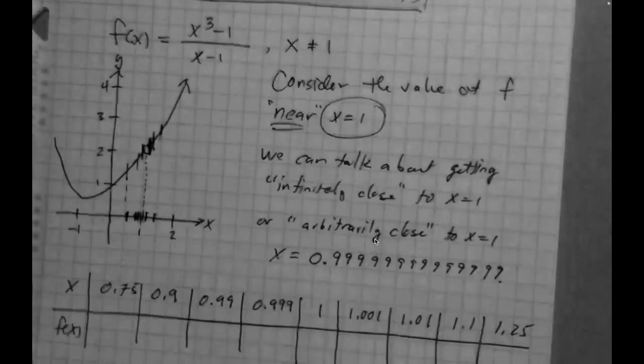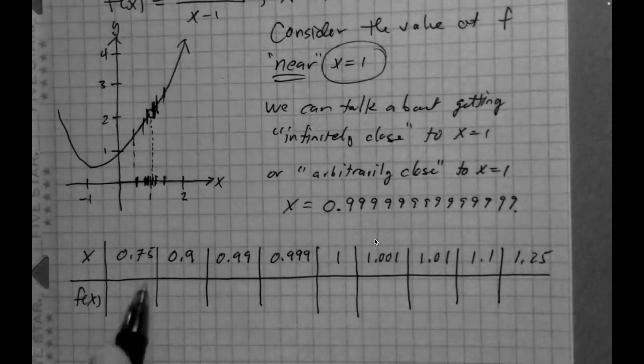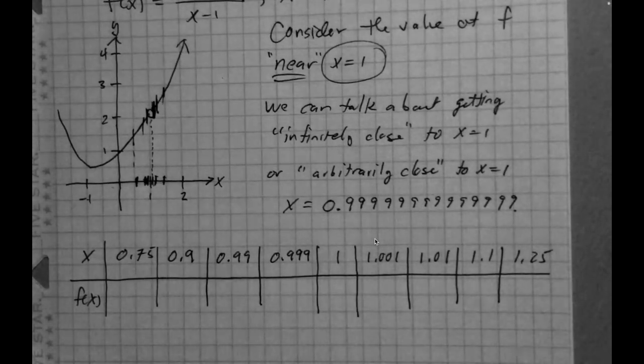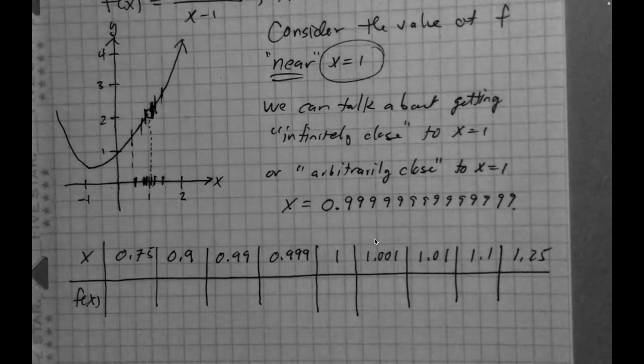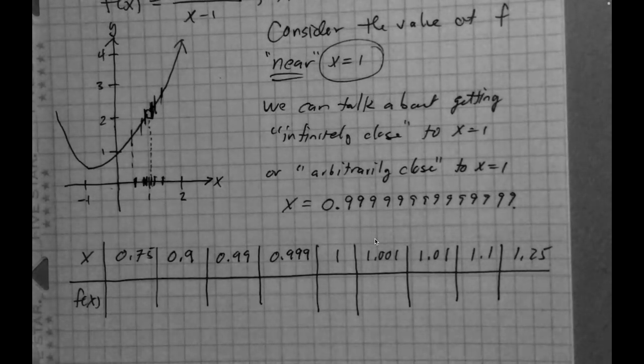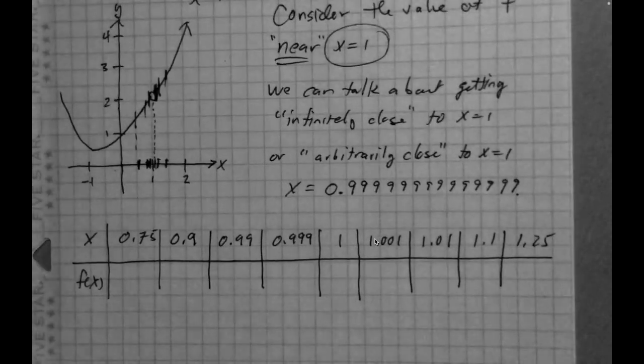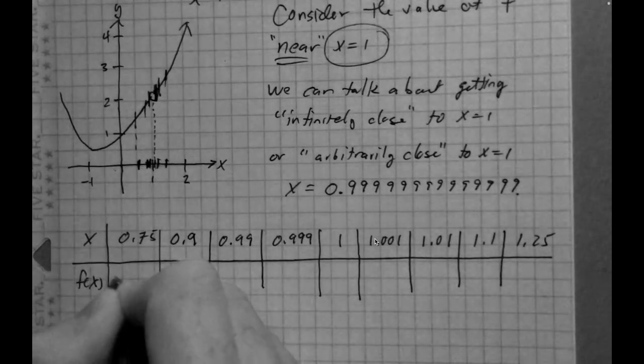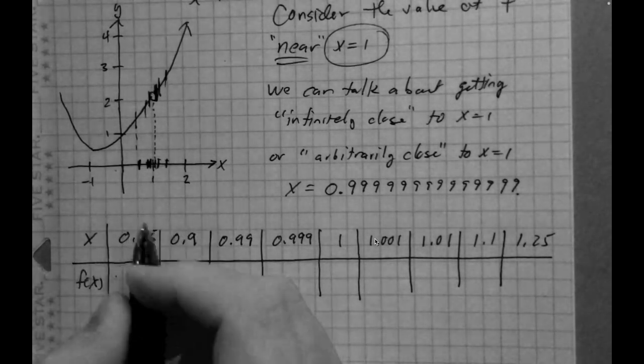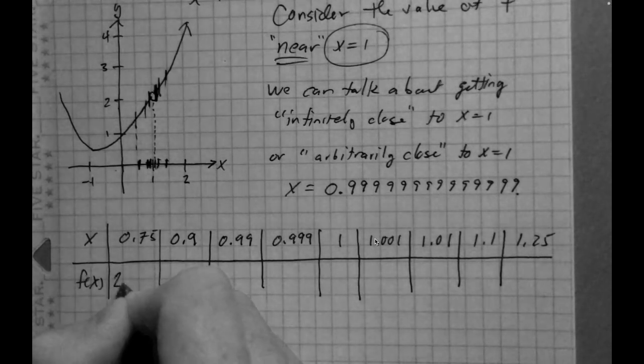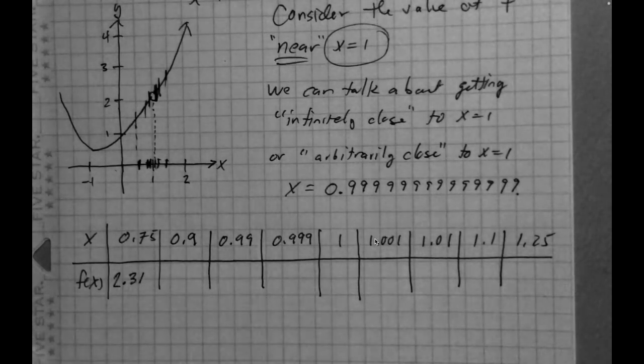So the question is, what happens to the values as we get closer and closer to 1, but we're not equal to 1? So you can just pull out a calculator to confirm this, but I did this ahead of time. Plugging in some of these values, when x is equal to 0.75, then f of x is equal to 2.31.